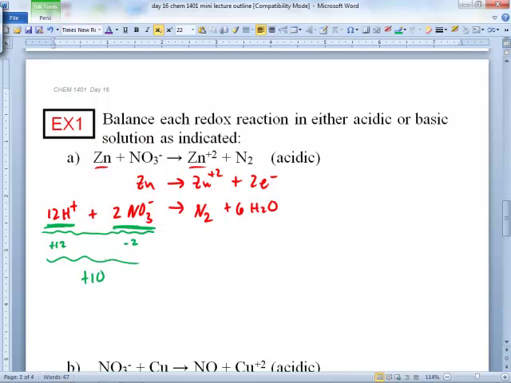It's not that straightforward to see charge. It's confusing. So each H plus has a positive. I have 12 of them, positive 12. Each nitrate has a negative. I've got 2 of them, so that's a negative 2. Well, positive 12, negative 2, positive 10. How about the product side? What's the total charge here?